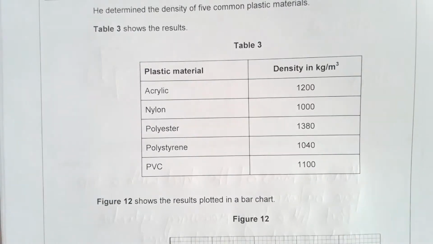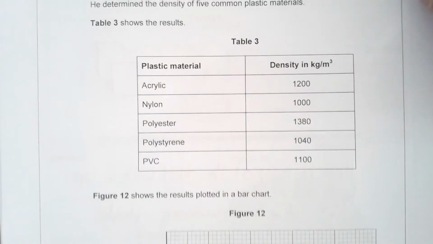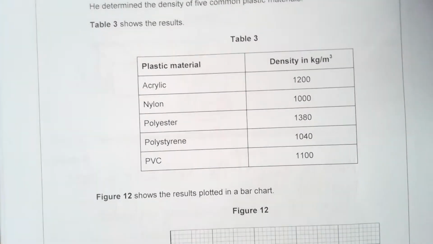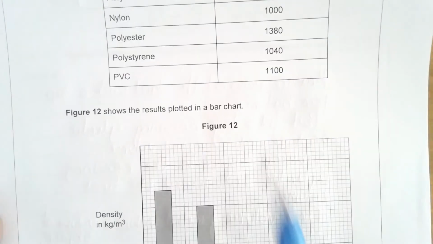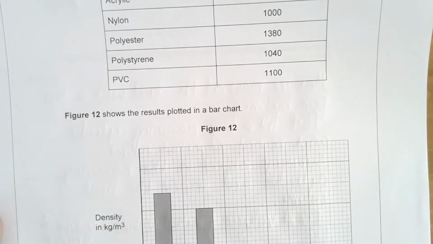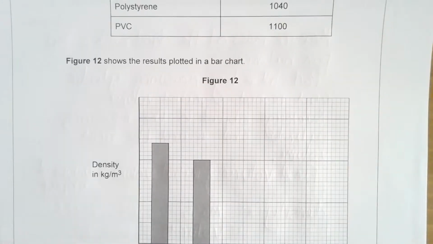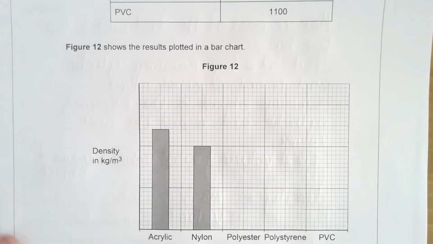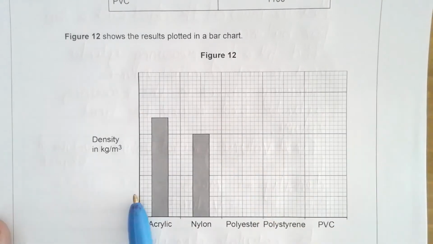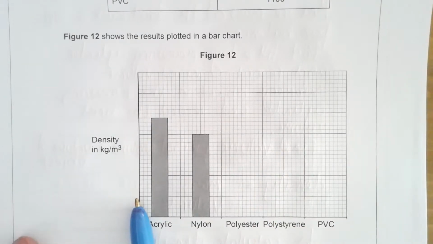Another guy did a similar experiment to determine the density of 5 common plastic materials. So acrylic is plotted on here around, nylon, that's on there already, and then we have to do the rest. The tricky thing is that they haven't included a scale for the y-axis.